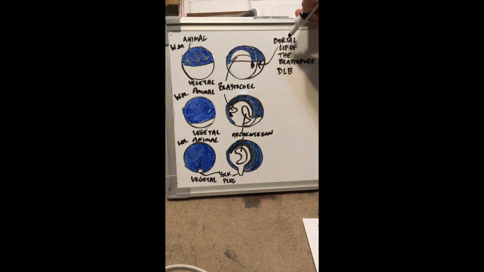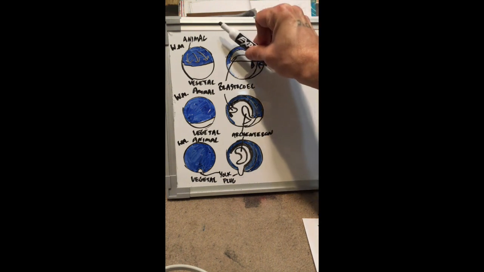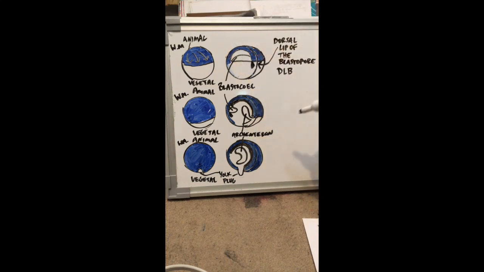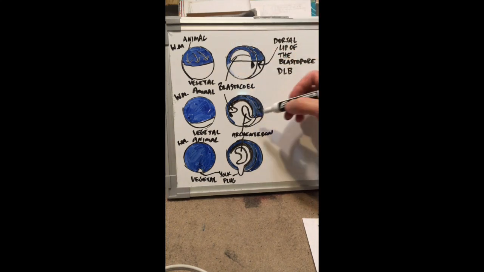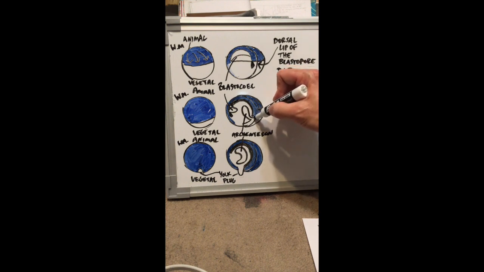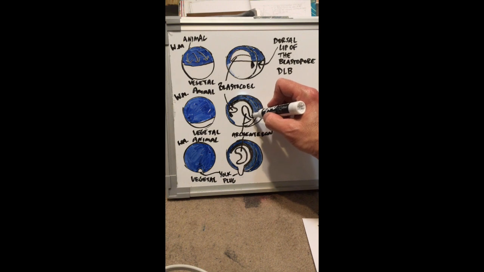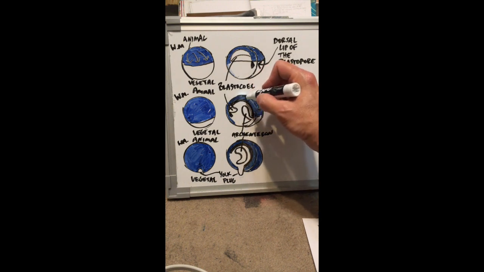And at the dorsal lip of the blastopore, okay, cells are pushing in interiorly, all right? So as the dorsal lip moves vegetally on the embryo, cells are moving in here, okay? The cells that turn first, closer to the ectoderm up here, they're going to form mesoderm.